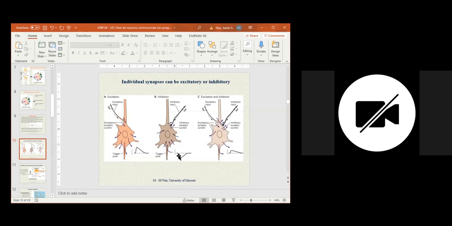So that means the voltage will go down. From resting, wherever the cell was, it'll go down actually. So this is called hyperpolarization of the cell. This is called depolarization of the cell. So if a cell is hyperpolarized, the trigger zone is not triggered, no action potential. While if it's an excitatory input, it's possible the excitation may exceed the threshold at the trigger zone, and this may spike.